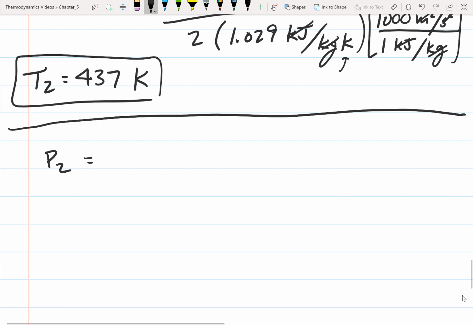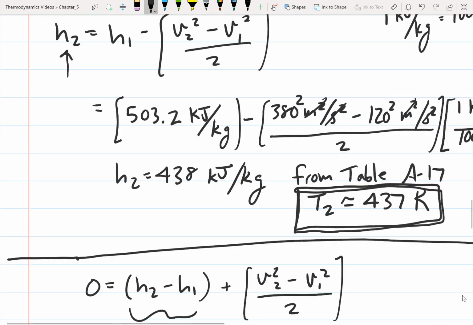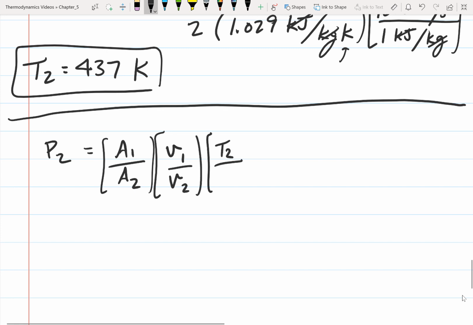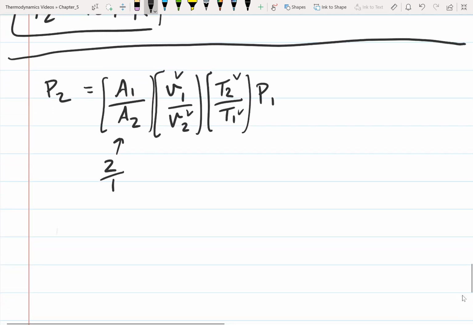P2 is equal to A1 over A2 multiplied by V1 over V2, and these are velocities, multiplied by T2 over T1 multiplied by P1. We know that the area ratio is just 2 because it's 2 to 1. We know the velocities and we know the temperatures now because we just calculated T2.